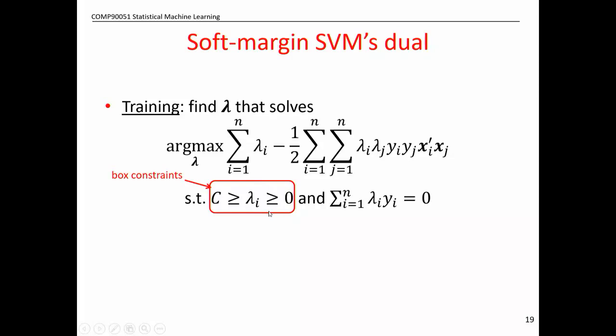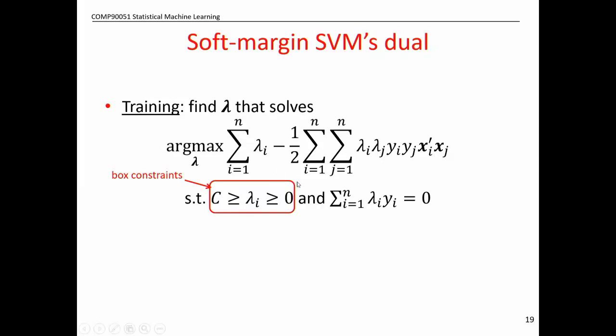This is super cool because now we have another interpretation of what C is doing. Remember, the bigger that C was, the more we were penalizing training data. If we allowed C to be really big, we were letting the training data have more influence. If we made C really small, we were saying, I don't care about training data, I want a big margin.